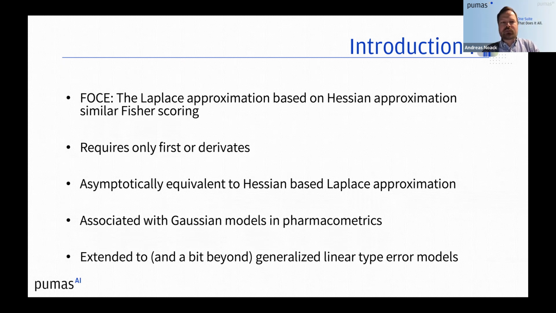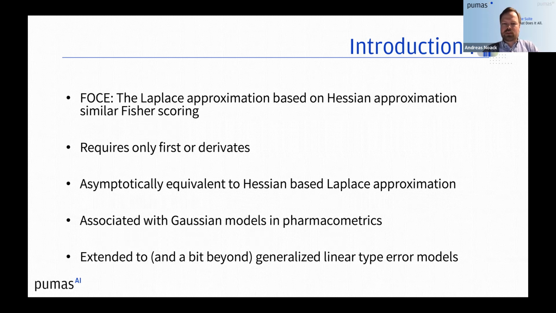But the difference between the Laplace I approximation and the FOC approximation is in what kind of approximation you use for the second order term. So when you do a quadratic approximation, you have some freedom in choosing the second order term. And depending on the choice of that second order term, it will either be called the FOC approximation in Pumas or the Laplace approximation.